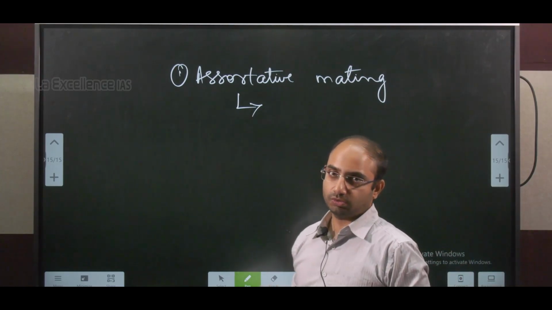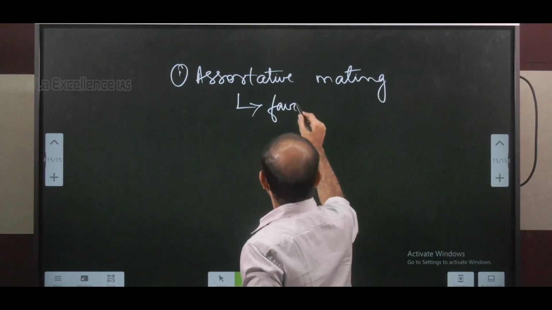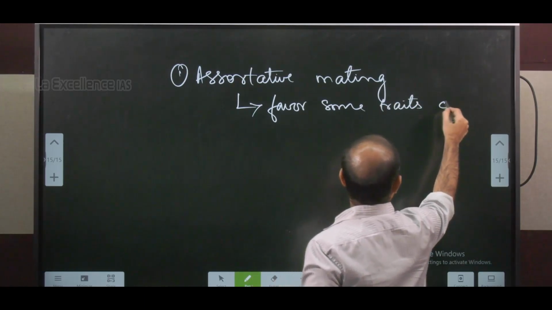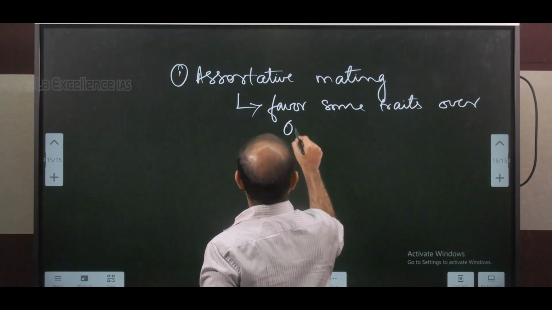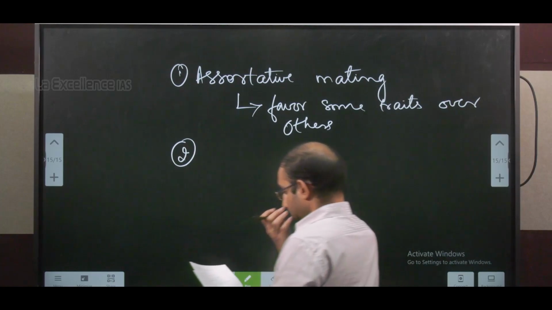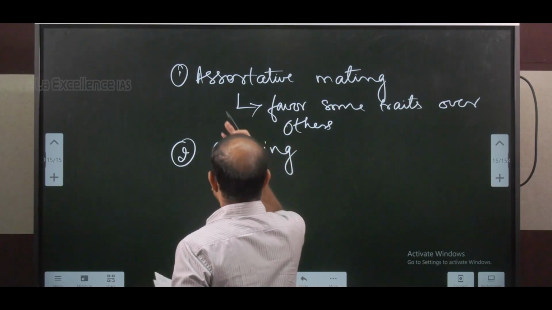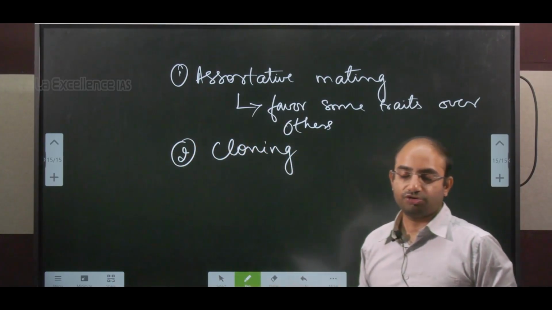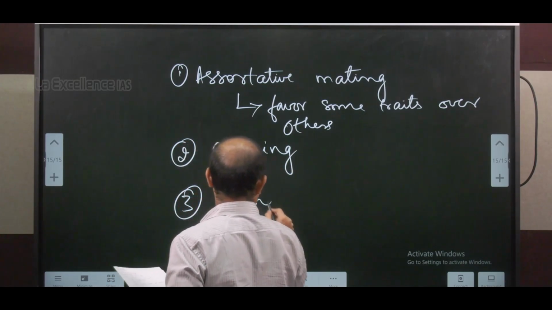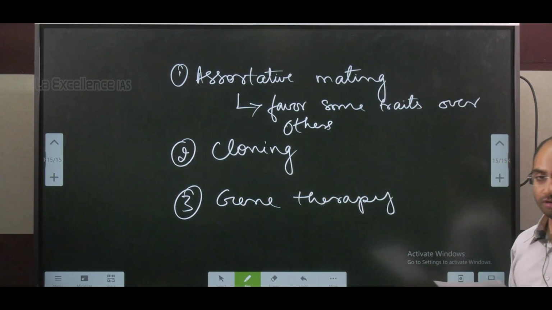This is harmless. Second kind of eugenics is cloning, where you clone an entire organism. Third is by the issue of gene therapy.